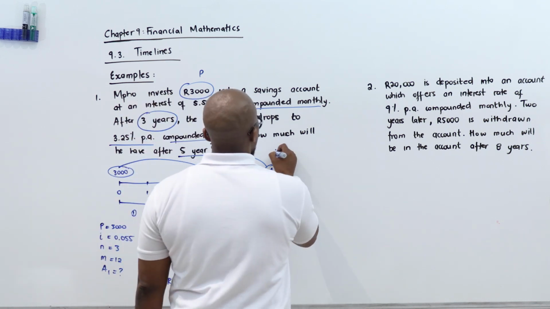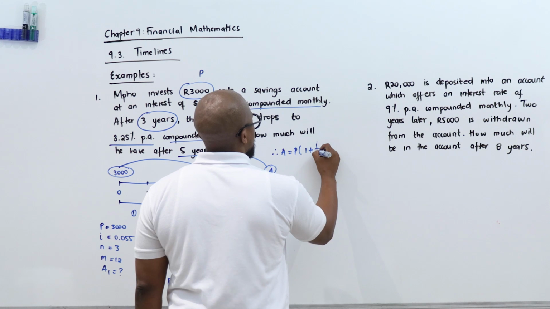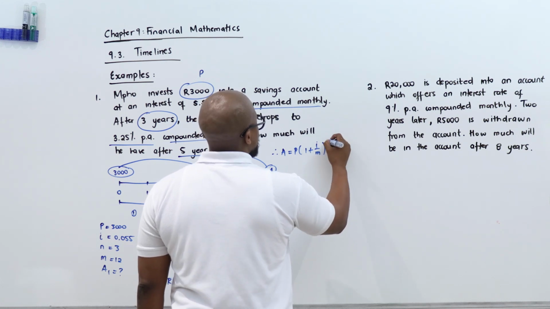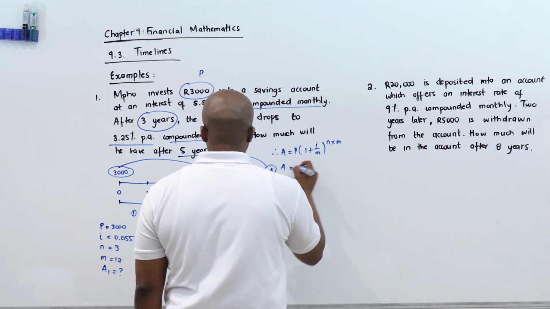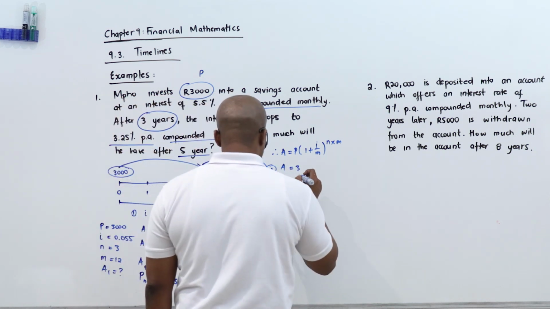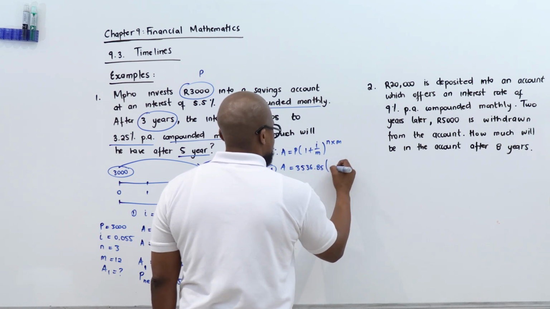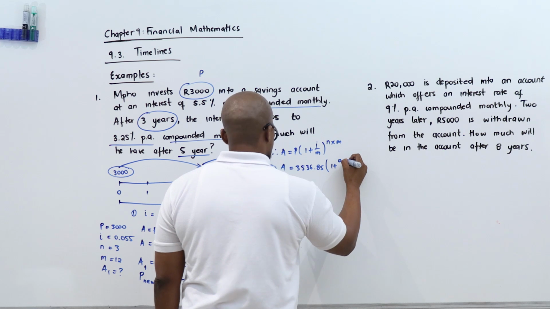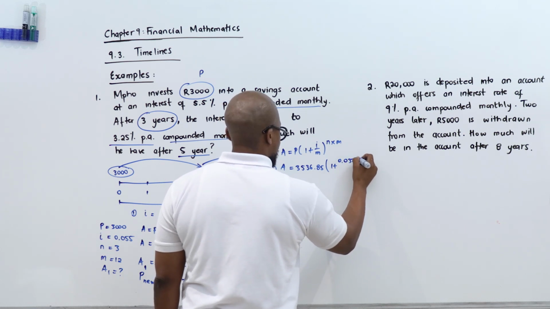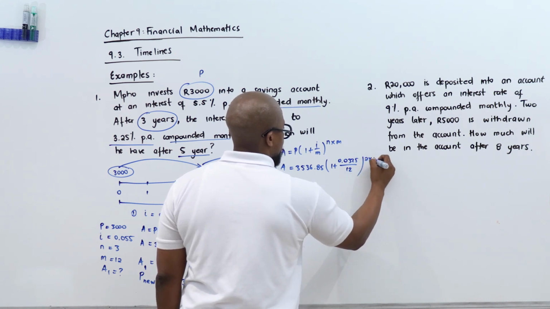So therefore, obviously we're going to use the same formula, (1 plus i divided by m) raised to the power of n times m. And now the P is no longer 3,000, it's now 3,536.85, and that's multiplied by 1 plus, what's the interest rate? 0.0325, and that is divided by 12, and then raised to the power of 2 times 12.